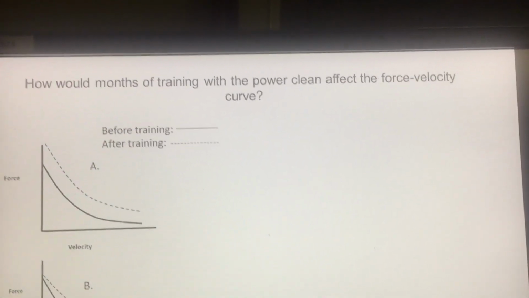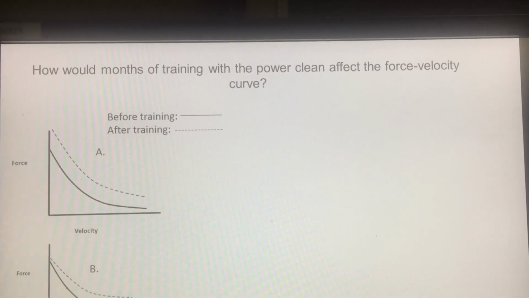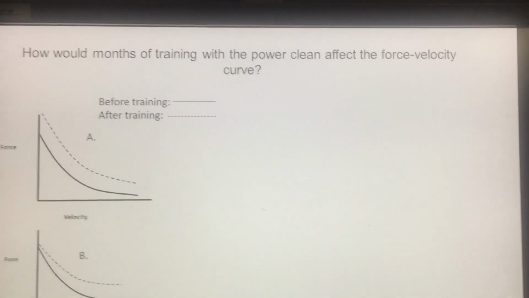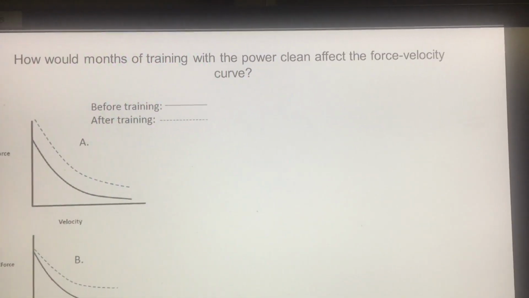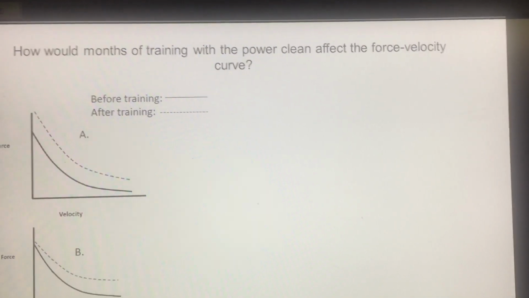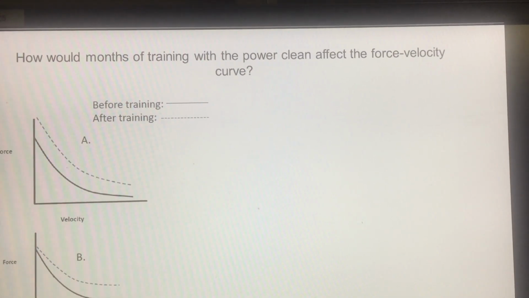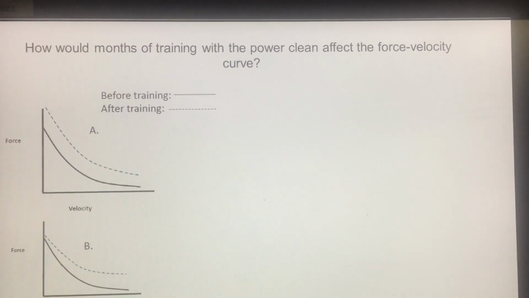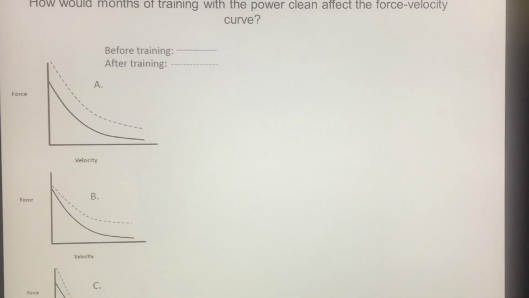So the next question I have up here is, how would months of training with the Power Clean affect the force velocity curve? So with the Power Clean, as in the previous video, you're training with high force but at fast velocities. So you're making yourself stronger at fast velocities.